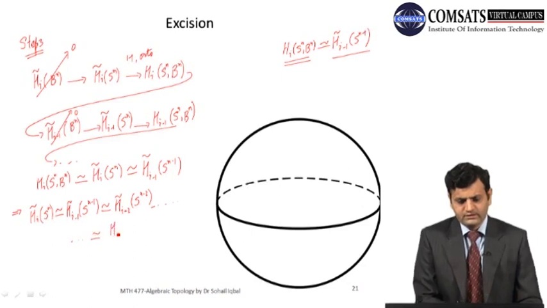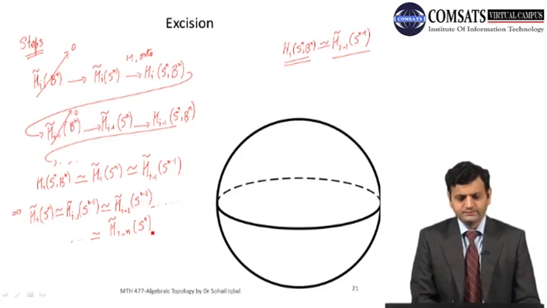Okay, so Hi minus n, the reduced homology of S0, okay, so n minus n is 0. Using this we can say the following: if i is equal to n, then this is the H0 reduced homology of S0.